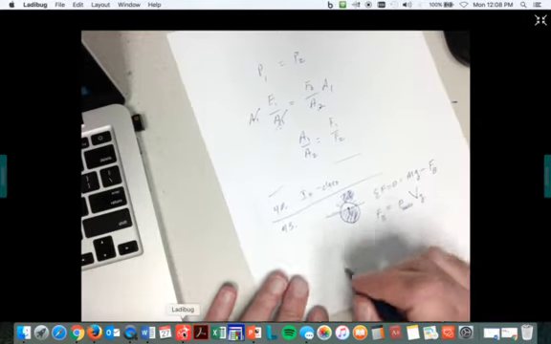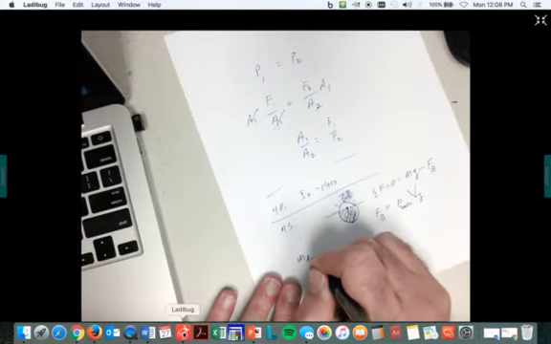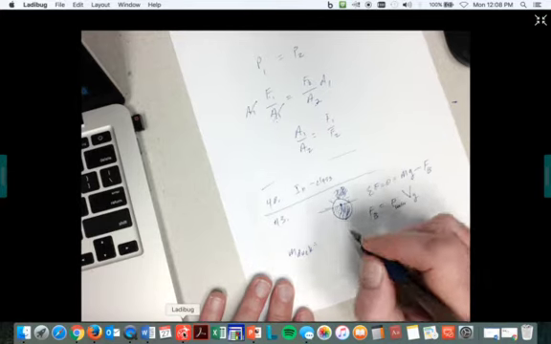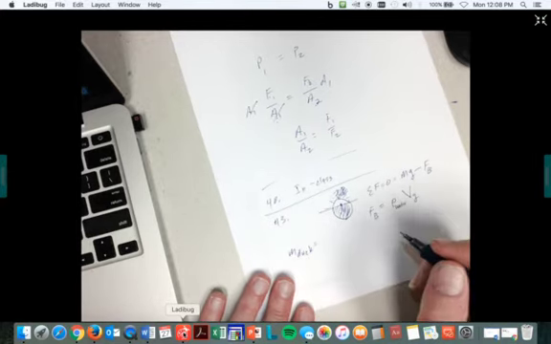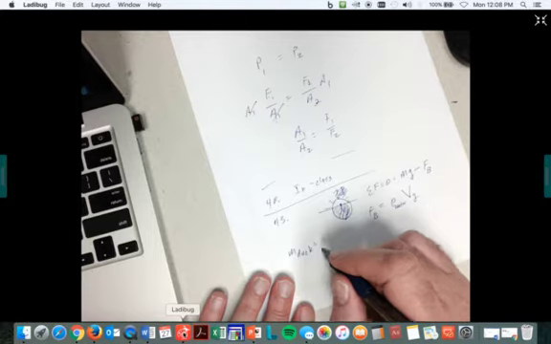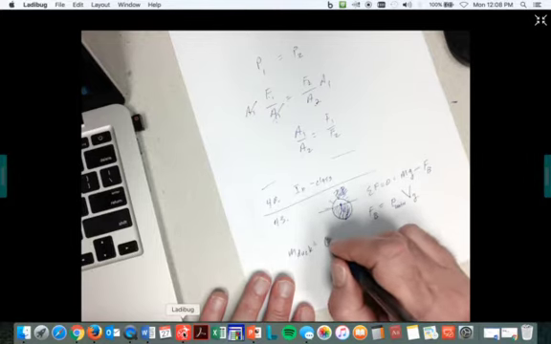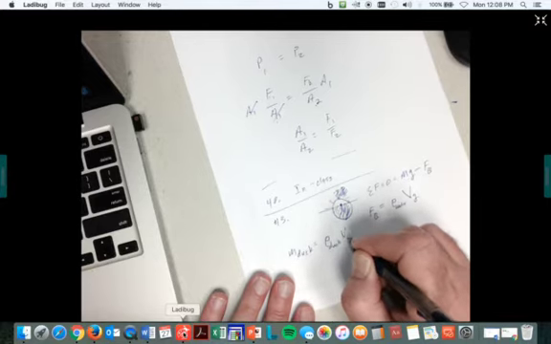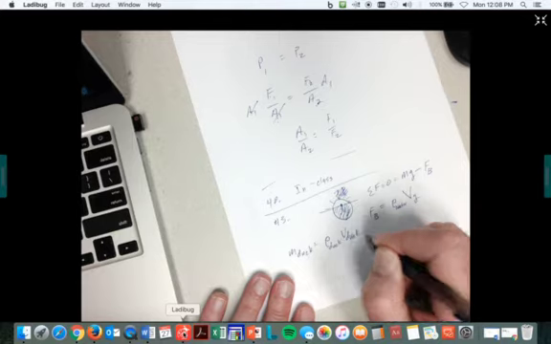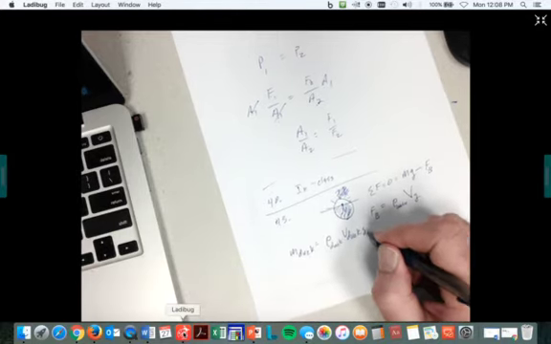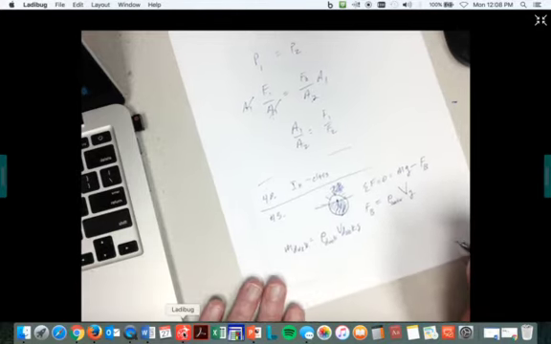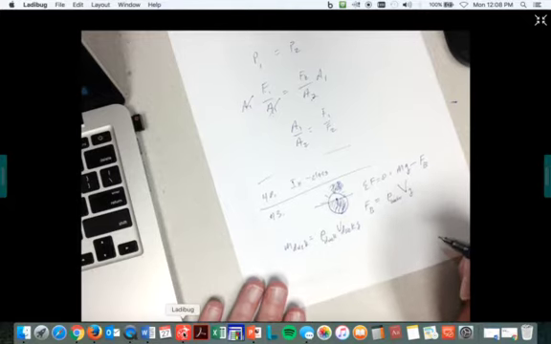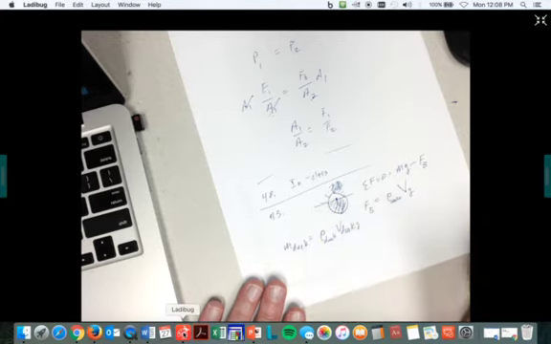Okay, and the mass of the duck is equal to rho of the duck times the volume of the duck times g. All right? So we're figuring out the rho of the duck.